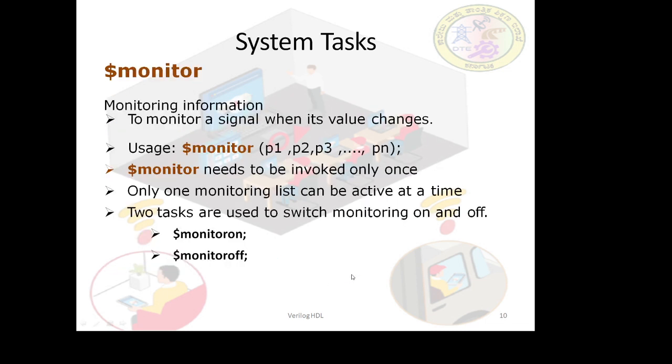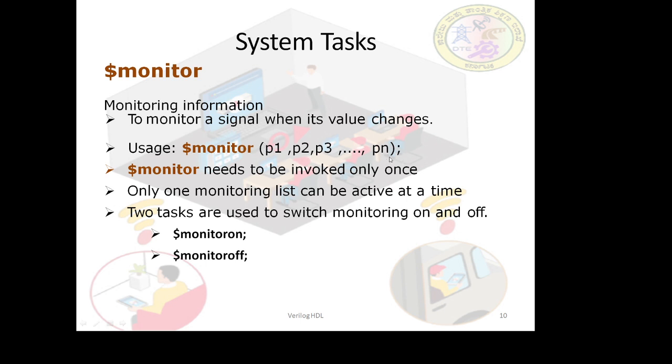The next we have another keyword called dollar monitor. This dollar monitor is used for signals whose values keep changing. This dollar monitor is used for displaying values that keep changing continuously. So we have the keyword dollar monitor, and the parameters and variables we have, that is p1 comma p2.